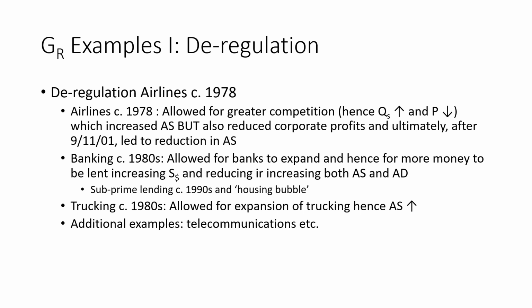So that was the deregulation of that. They deregulated railroads. So the basic idea is that the major result of deregulation is usually reduction in costs of production, and therefore increases in aggregate supply, which then lead to increases in aggregate demand.